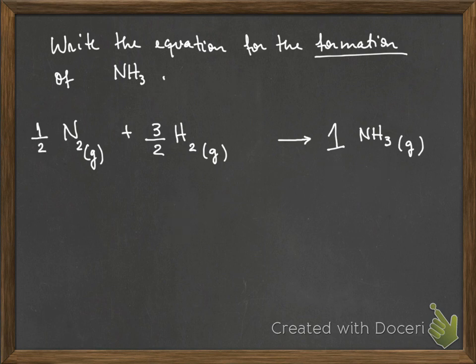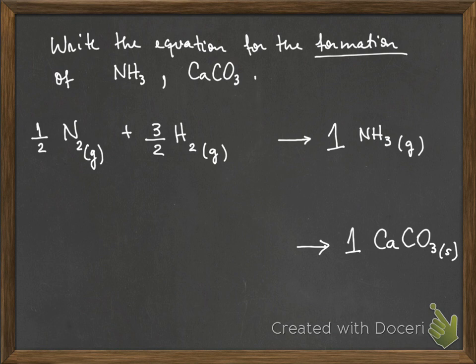I can add to this problem, and besides ammonia, I can ask you to work on calcium carbonate. So I'm going to do this again. Begin with arrow. 1 mole of calcium carbonate, which is a solid. I'm going to list on the left side the elements that make up calcium carbonate. They are calcium, carbon, and oxygen.